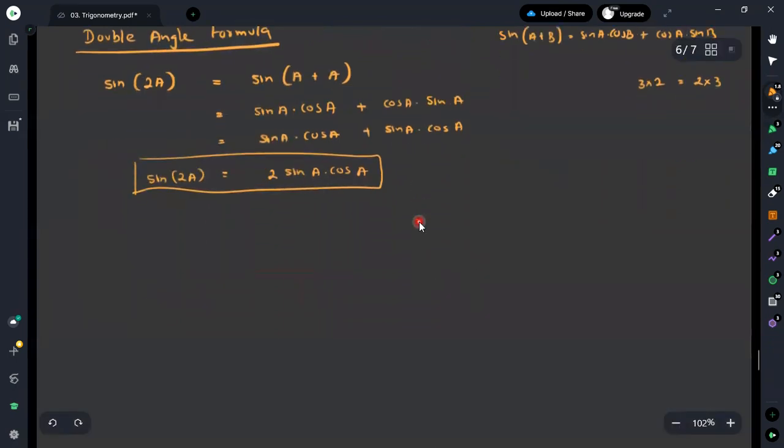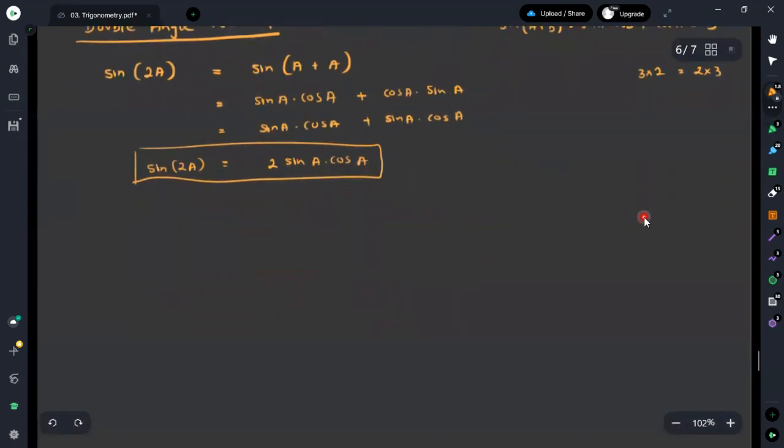If you consider an example on this matter, if you are asked to find the value of sine 120 degrees, using the commonly used angles, this is equal to sine 2 times 60 degrees. Now we can say that the value of A is equal to 60. Therefore, we can directly use this equation.